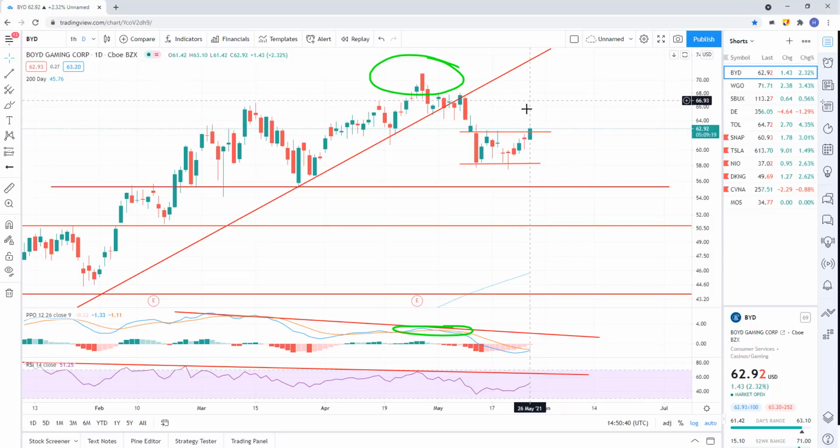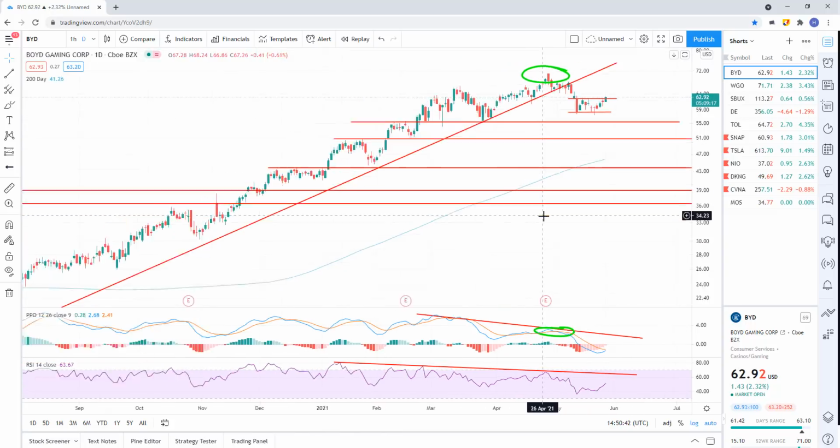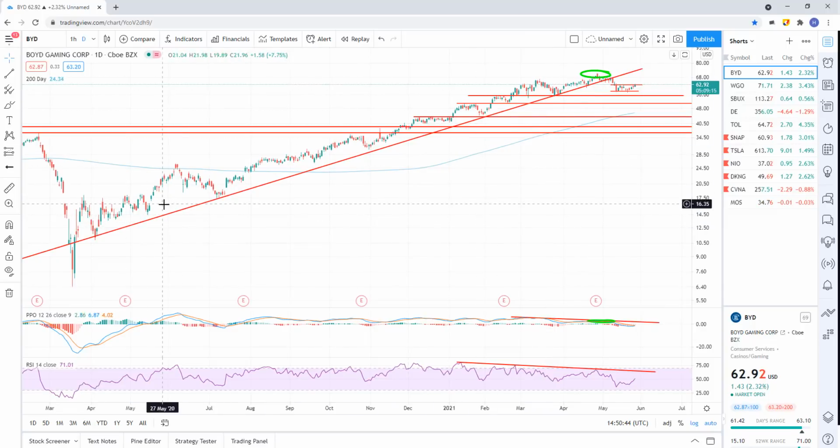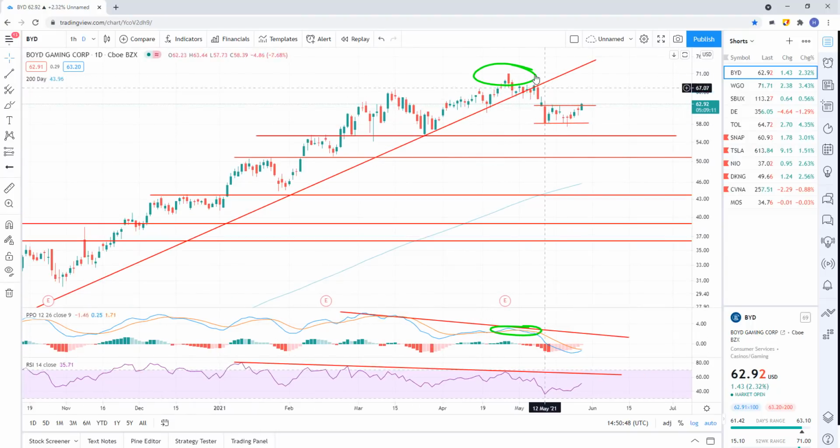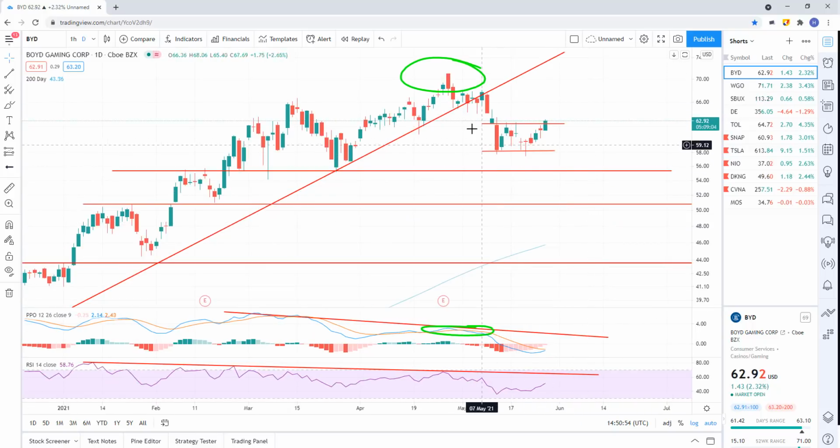So I don't want to be long this thing because the major pattern, the bigger picture has broke support and it's bearish. All right. Negative divergence, broke support. I'm looking for a downtrending stock. And whether it bounces and then sells off over the bigger term, I'm looking for a downtrend.